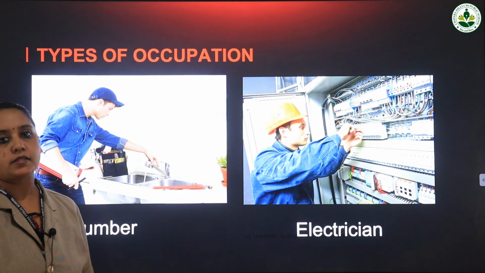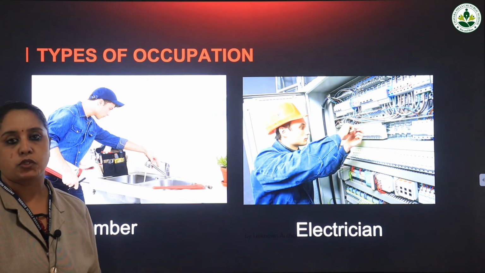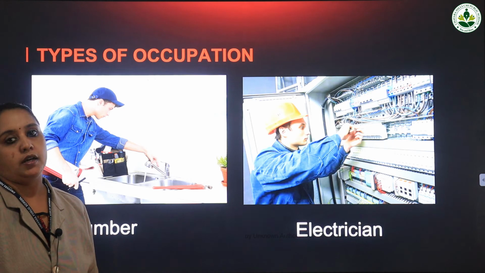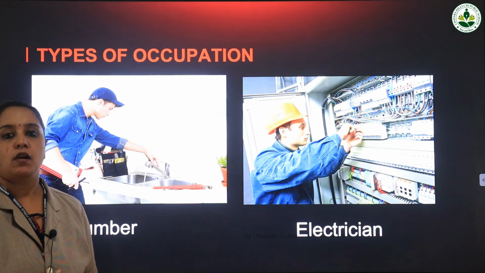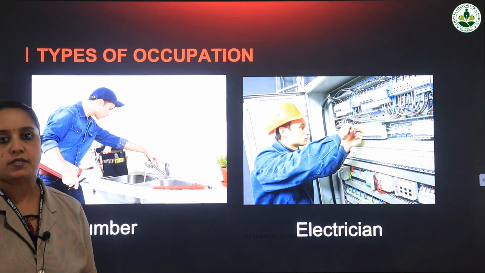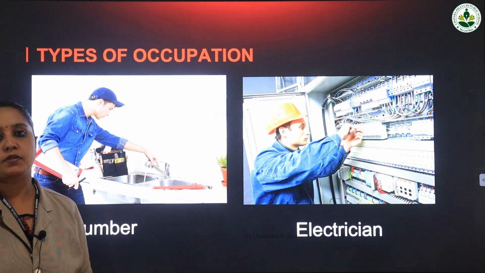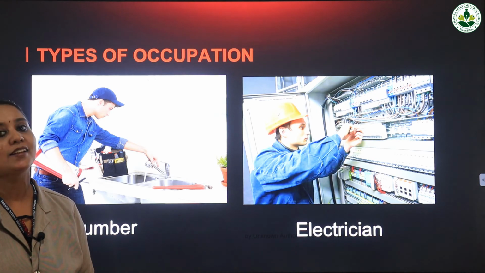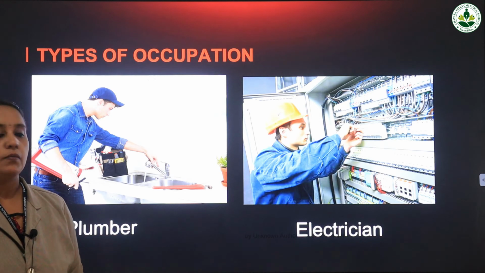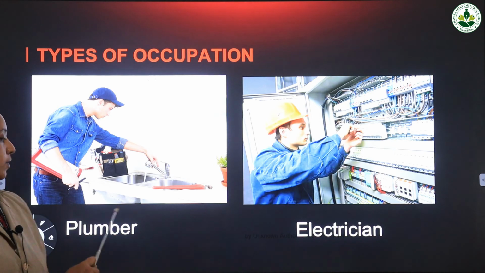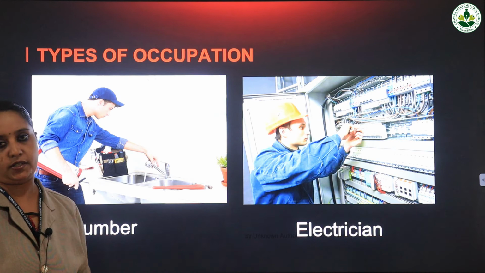An electrician is able to repair the switchboards. He is able to repair fans, lights, all sorts of electrical equipment. So suppose in your house some problem is there with the light, or some problem is there with the electricity. Whom do you call? You call an electrician. So these are the images of plumber and electrician.